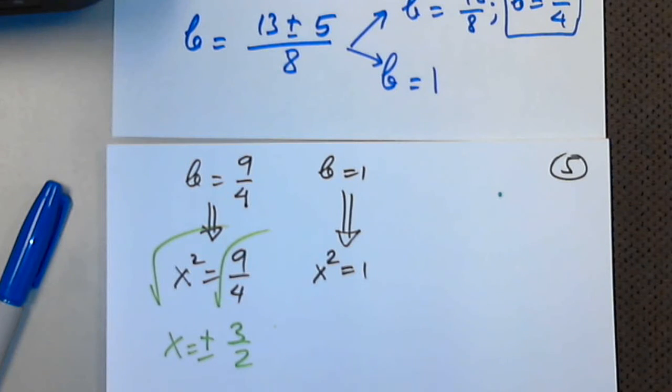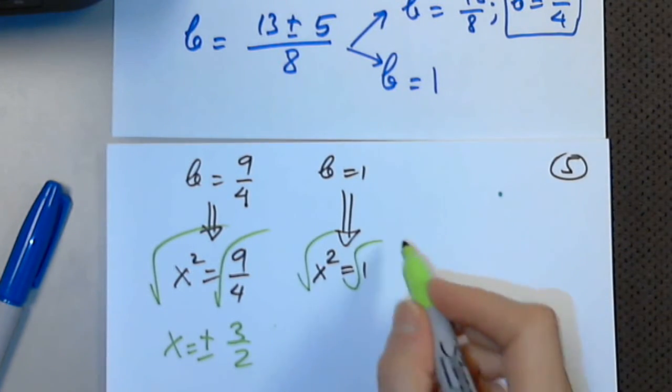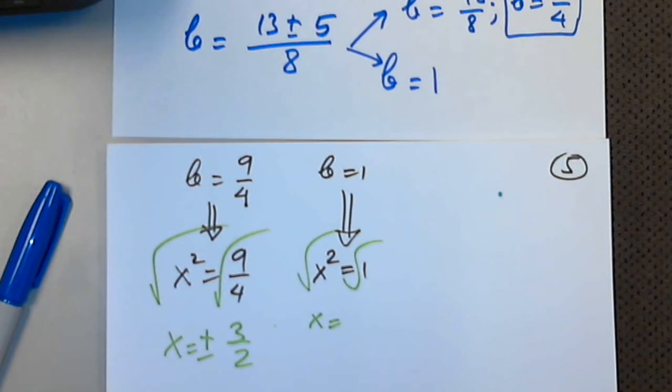Very good. When we take the square root, remember it's a quadratic. We have to have 2 solutions, right? Good. Okay, what about the other one? Have we gotten 4 solutions? That's it. Very good.